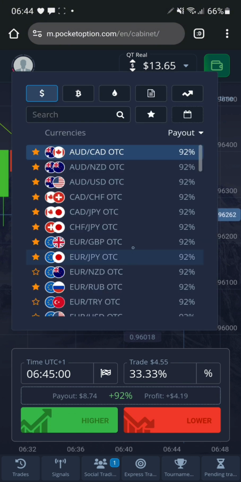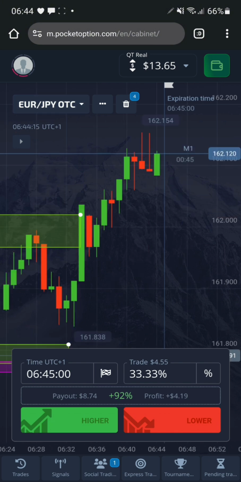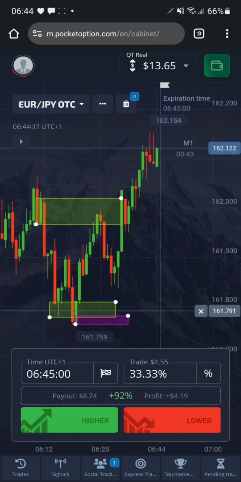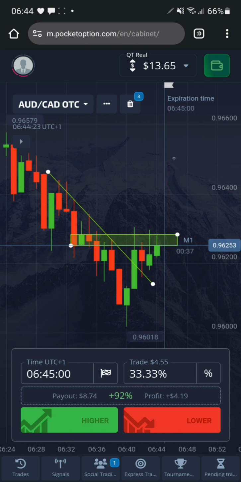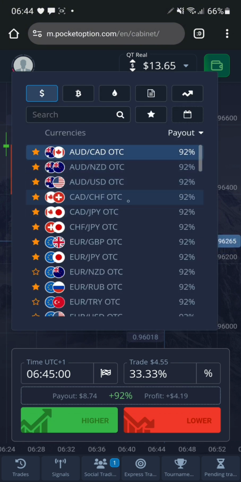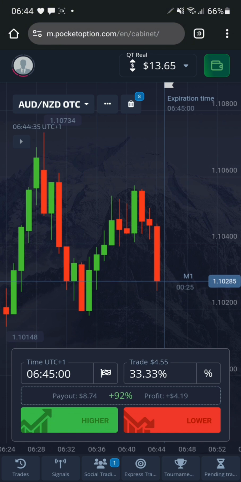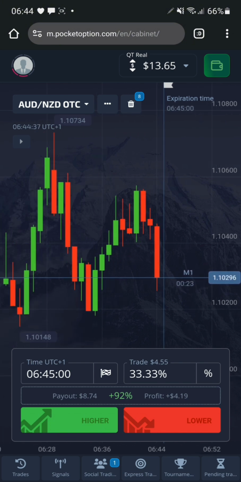So let's check that. Okay, this was the trade we took the other time. So let's keep checking. Oh, there's a QM level here.